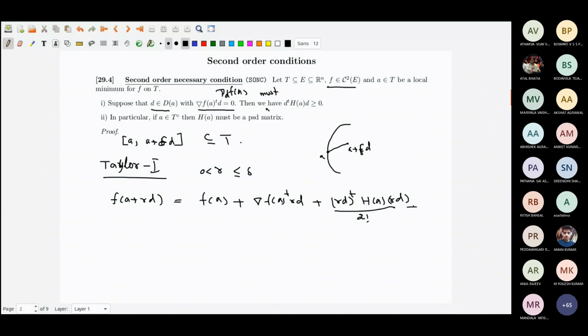I used small r, I should not have, so let me use capital R for this: R of RD. Now R of RD means it is the remainder term, the error term. So this is Taylor 1.